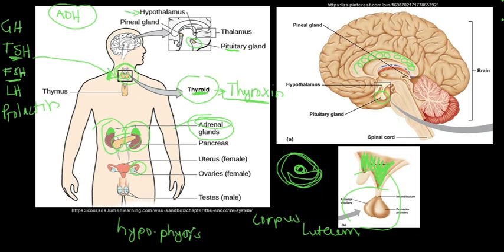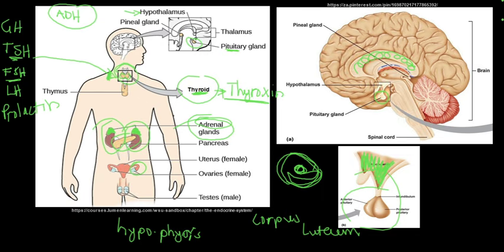So the corpus luteum secretes progesterone, and the function there is the thickening of the endometrium and the maintenance of the endometrium during pregnancy, and then it inhibits the release of FSH and LH. So once again, you don't want any follicle stimulating hormones involved there, as they will stimulate the production of a new egg cell, which you do not want, as there's already a potential successful pregnancy underway.